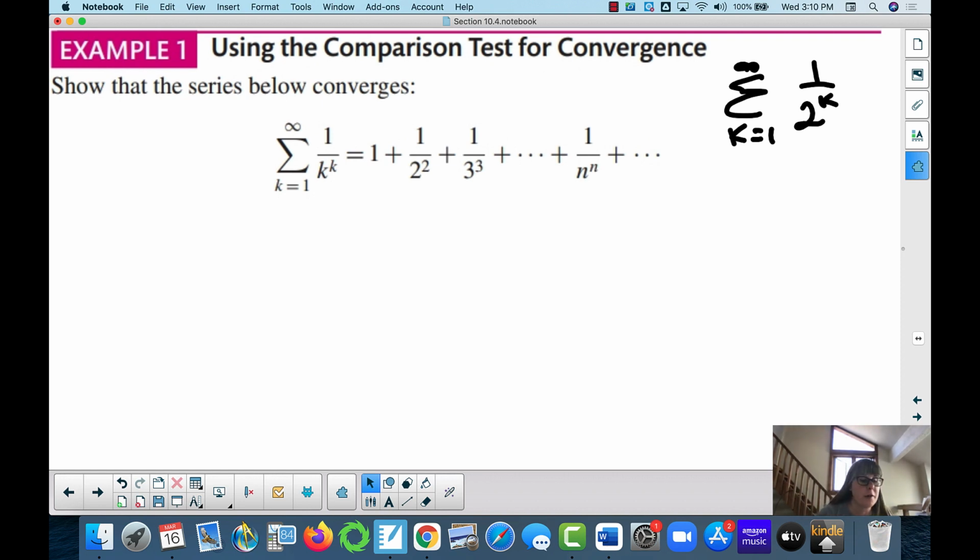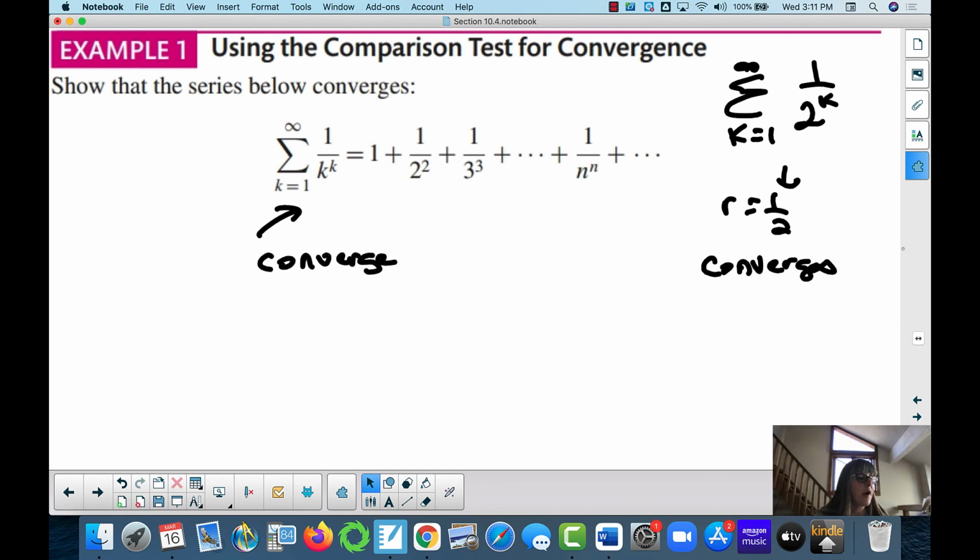So we can use this one because its sum is going to be bigger than that one. So our r for this series is 1/2, and this converges. So since that one converges, this one here also must converge.